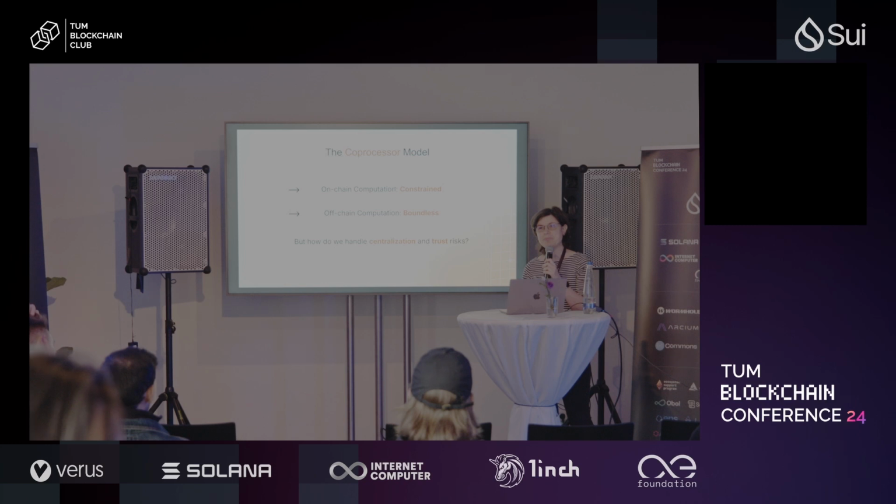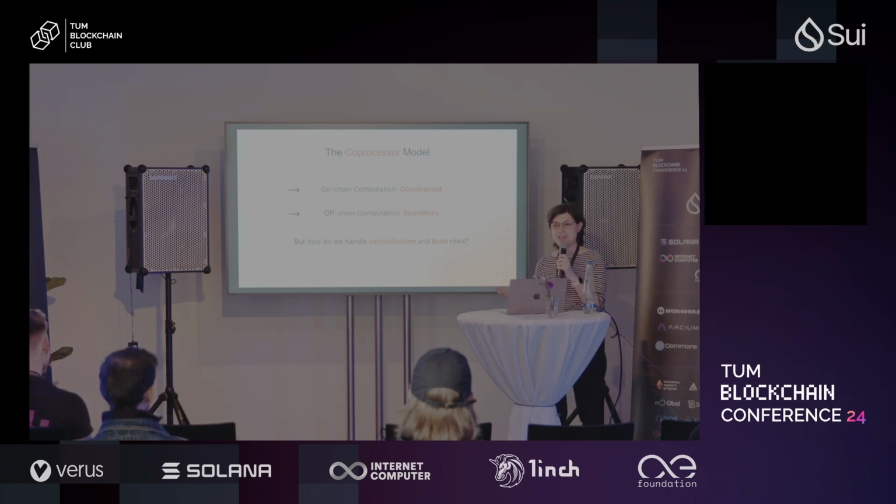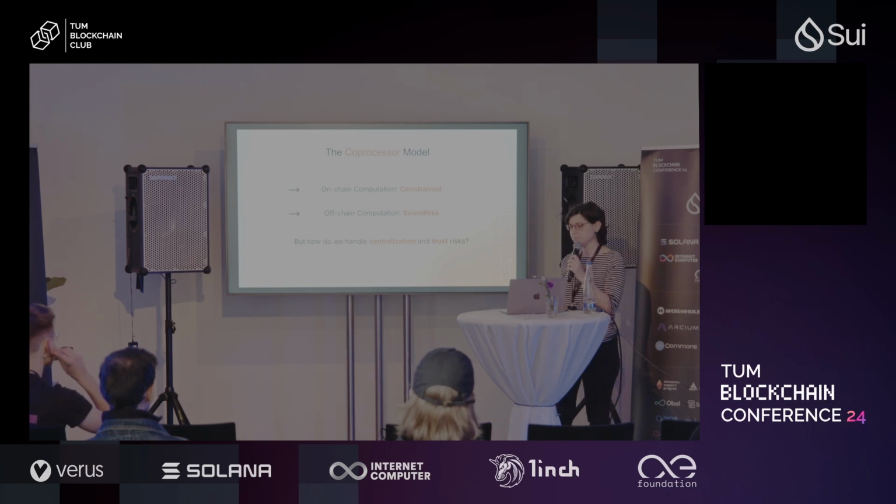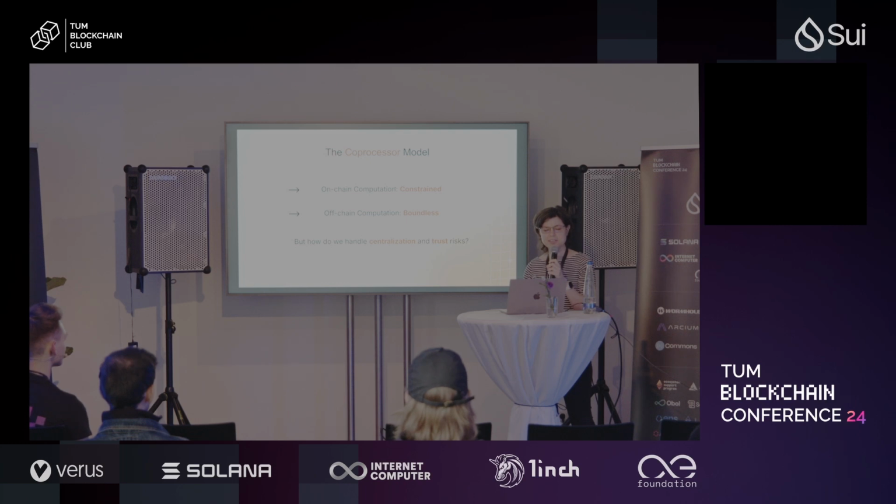So it's a bit out of the question to implement some complex applications such as low latency gaming or machine learning models on the blockchain. So that's where off-chain computation comes into play.